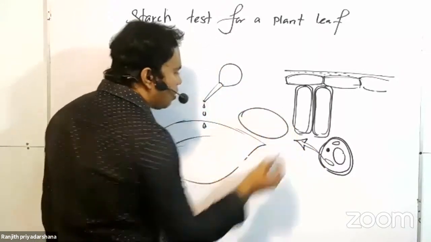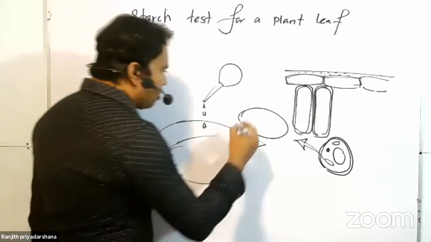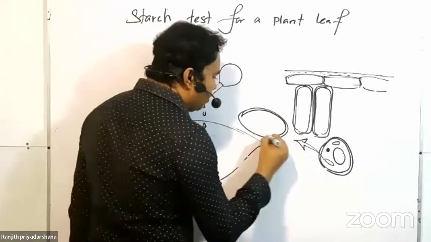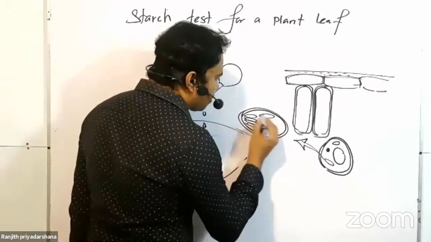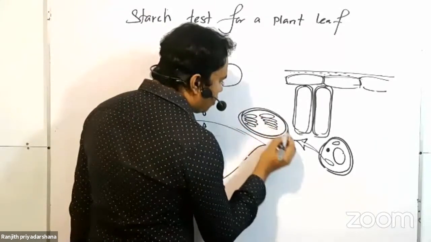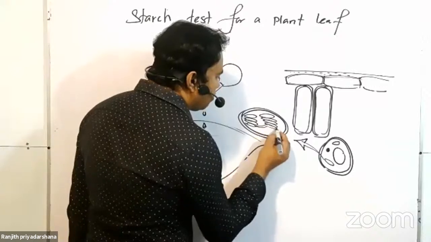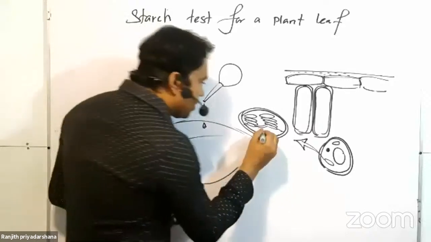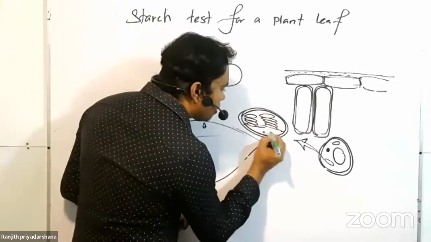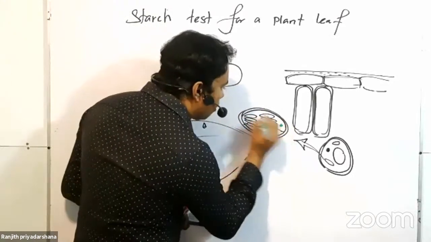So this is the chloroplast, a double membranal organelle. A stack of thylakoids we call a granum. And here's the matrix of the chloroplast. Here you can observe chlorophyll pigments on thylakoids.